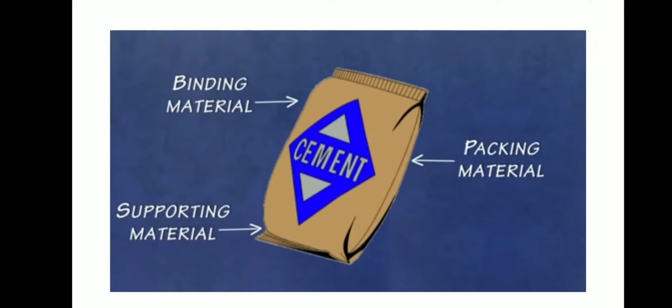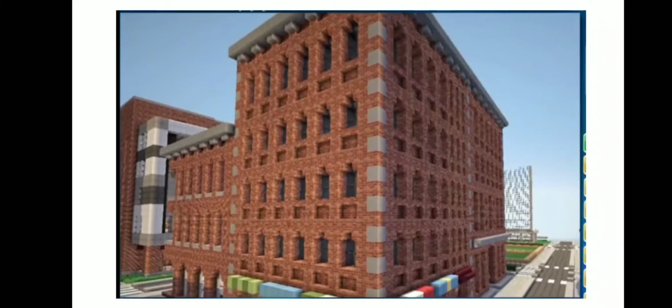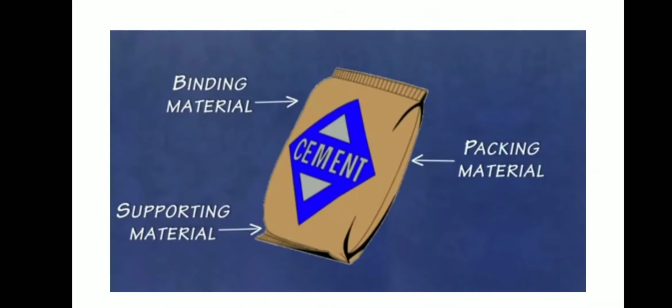So using the cement, of course, rod, rocks, etc., I am able to construct such a beautiful building, isn't it? So now this building is very strong. So this is made strong with the help of binding material cement.